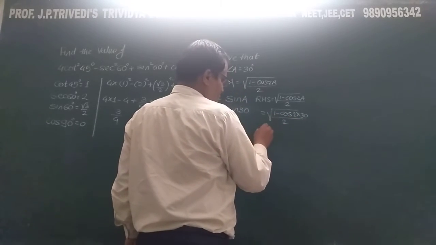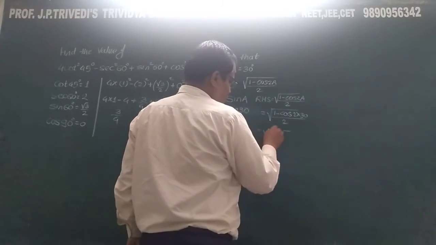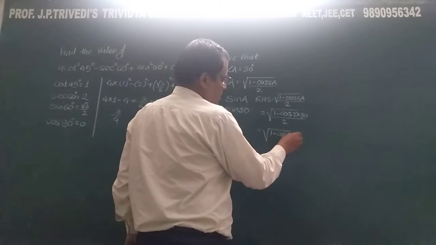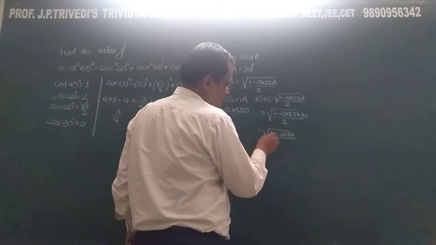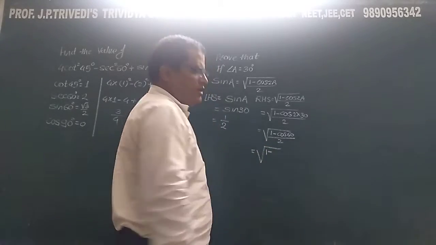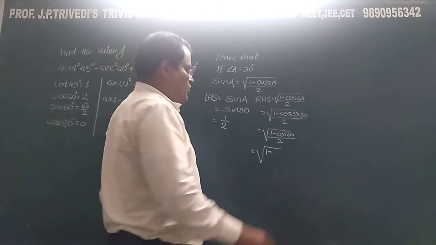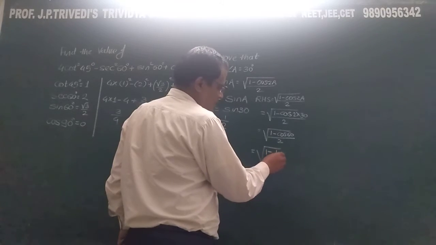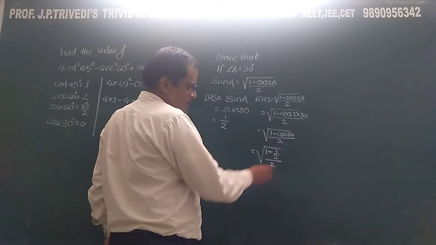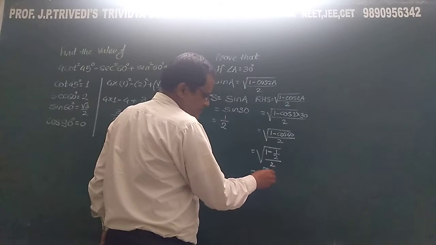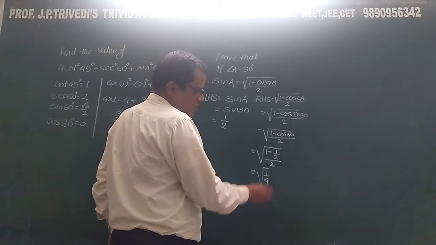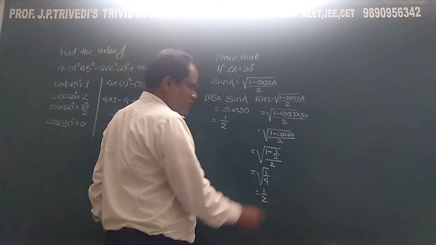So 1 minus cos 60 upon 2. The value of cos 60 is 1 upon 2, so we write 1 minus 1 upon 2, divided by 2. Now 1 minus half is half, and upon 2 that is 1 upon 4. So square root of 1 upon 4 is equal to 1 upon 2.